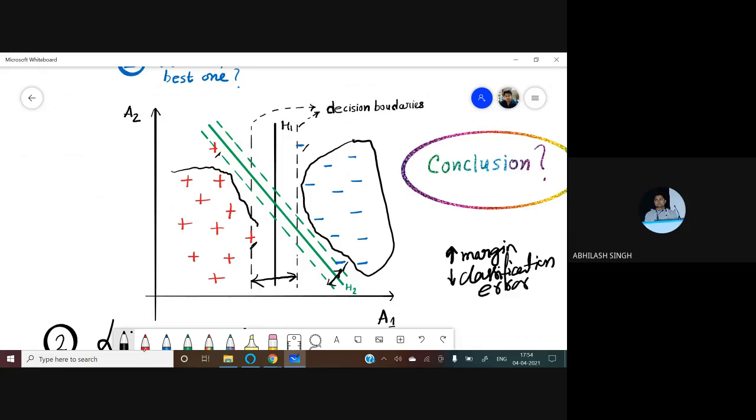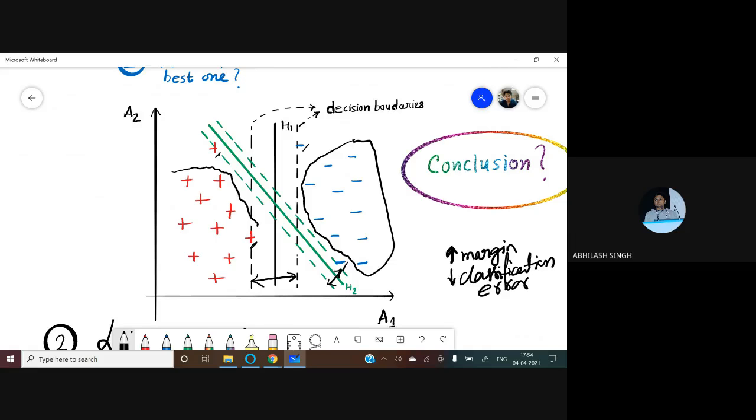In the case of H2, we are actually overfitting, and because of this, if you introduce unseen data, there are high chances that it gets trapped into another class. So this is all for maximizing your margin.